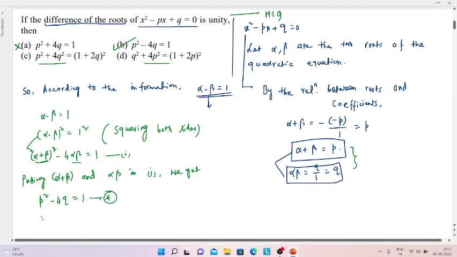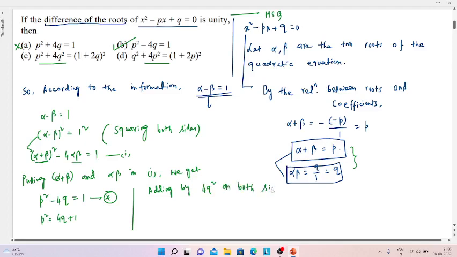So here, you know what the value of p square is? P square is nothing but 4q plus 1, right? Here, p square equals to 4q plus 1. So we are just trying to add 4q square on both sides, right?